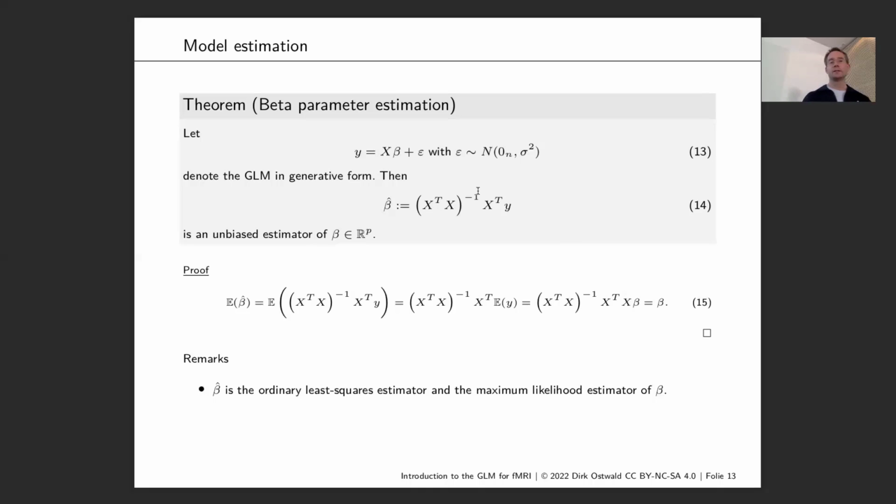The whole thing, and there are things that I'm not telling you here. Of course, the whole thing only works if we can actually compute the inverse of this matrix product here. That does not need to be the case, and that has to do with how dependent or collinear the columns of the design matrix are. If all the columns of your design matrix are identical, then this whole thing will not work.